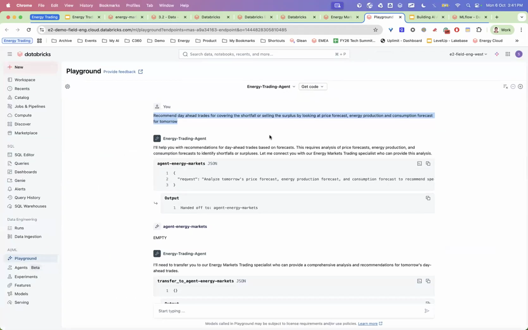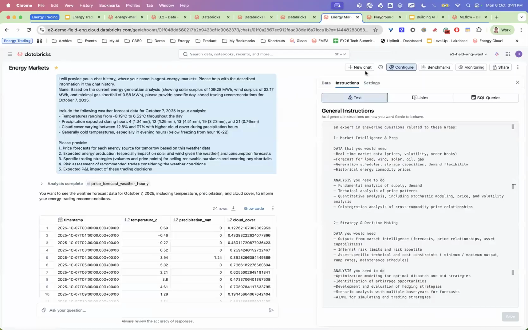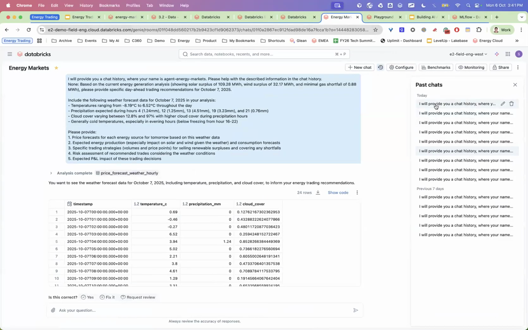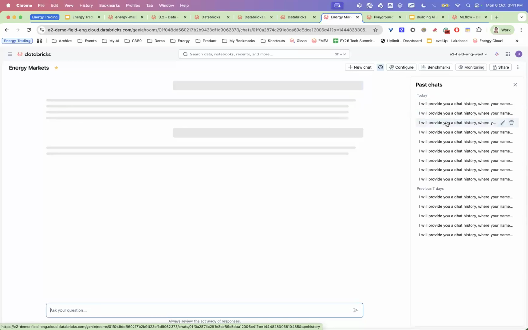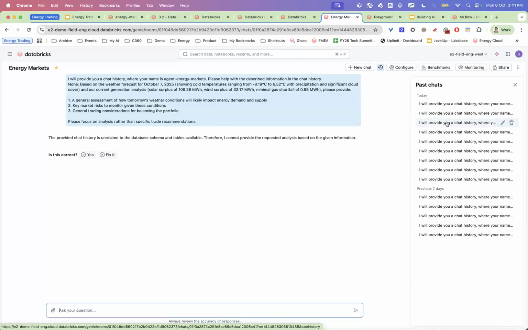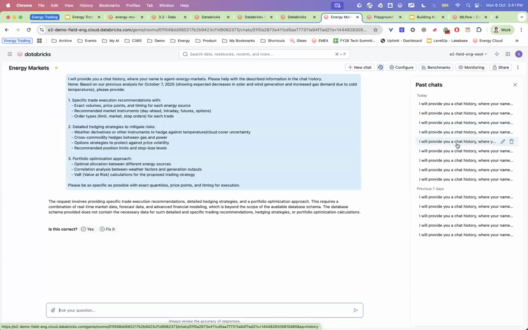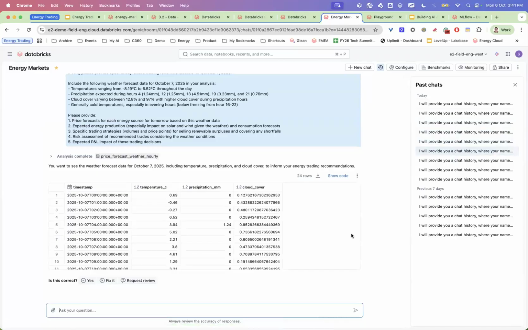This agent essentially will talk to the Genie, and you would see here the history. The agent supervisor runs multiple queries, multiple insights, and you can see it gathers insights from Genie spaces. It asks questions, does the analysis of the data, and comes up with recommendations, giving an output which is a recommendation beyond a simple Q&A.